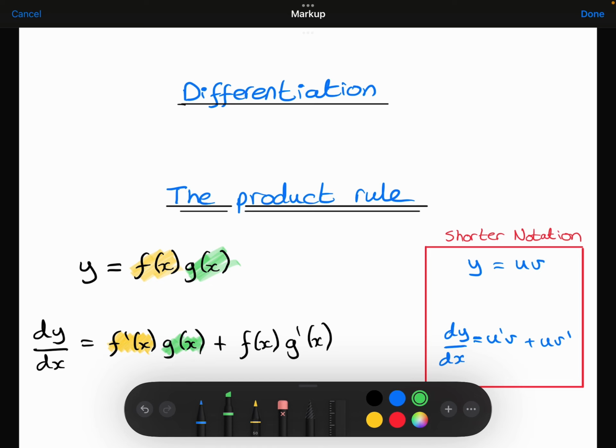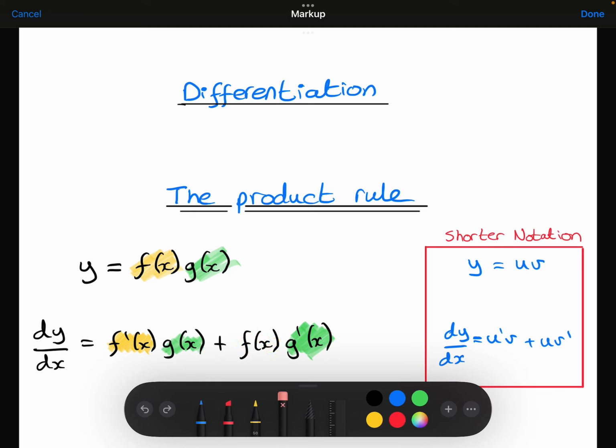Then we differentiate the g function, and we times that by the f function, and then we add the results together. Like I say, I will post a link in the description to this video of the proof of that formula using our good old friend differentiation from first principles. You don't need to know the proof, you just need to be able to use it.